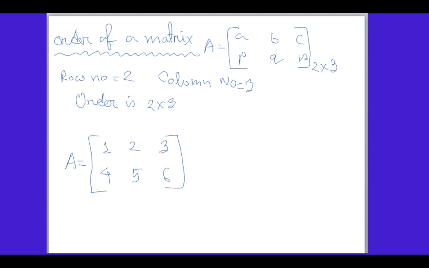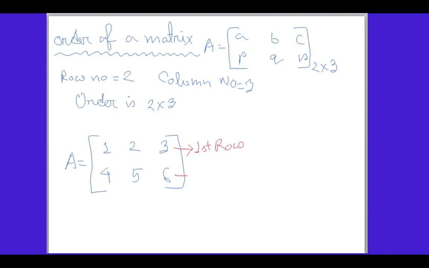Here, elements 1, 2, 3, 4, 5, 6 each have a fixed position. How do we determine the position?